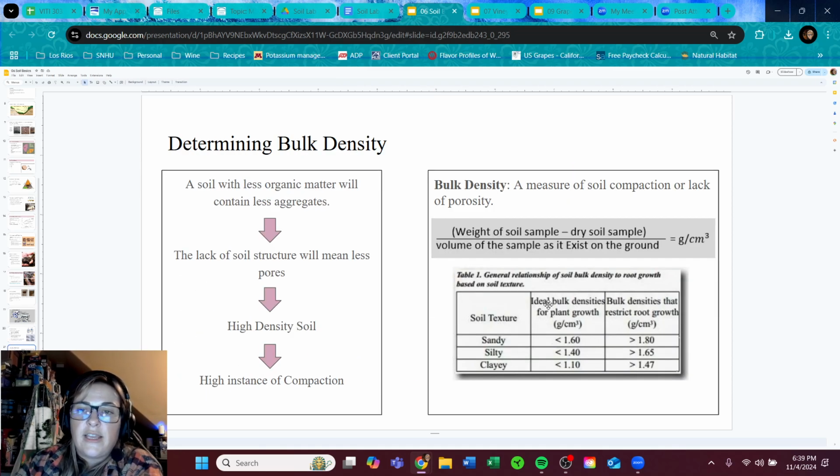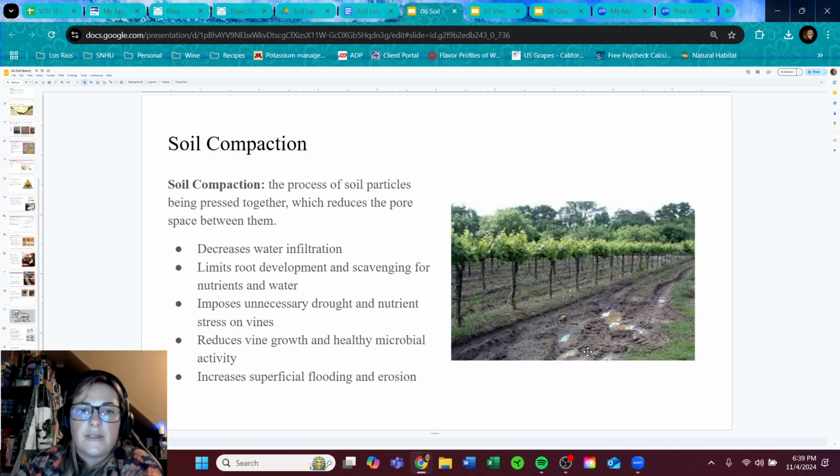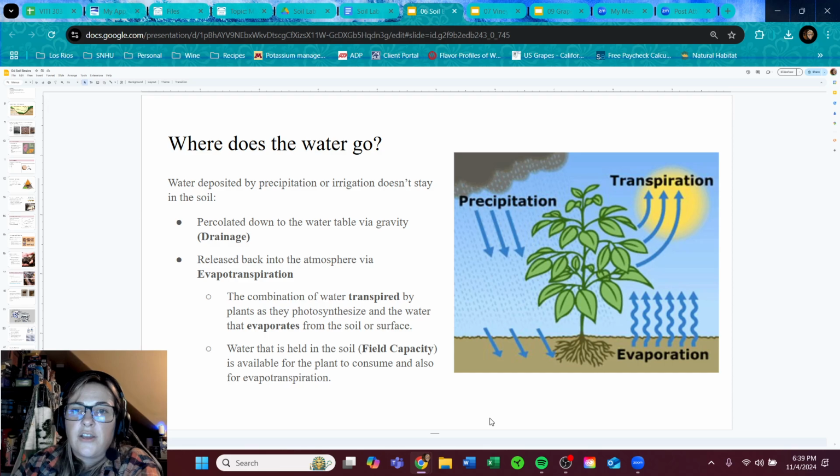I won't ask you to do any calculations, but just know that relationship. That is important. And also be able to talk about why soil compaction is a problem, right? It's not good for the roots, it's not good for the plant, it's not good for soil health, flooding and erosion, just not a good time all around.